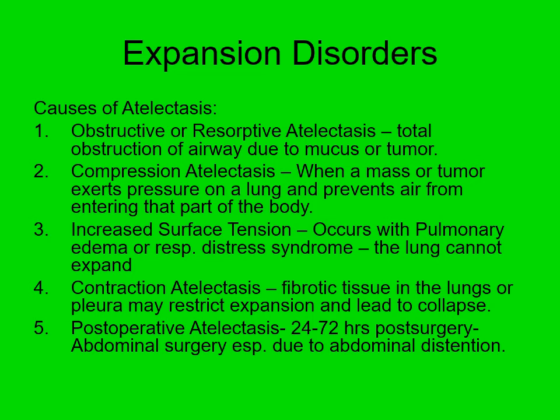The lung cannot expand. Contraction atelectasis, fibrotic tissue in the lungs or pleura may restrict expansion and lead to collapse. Postoperative atelectasis, 24 to 72 hours post-surgery, especially in abdominal surgery due to abdominal distension.